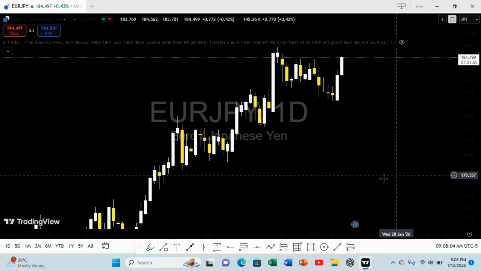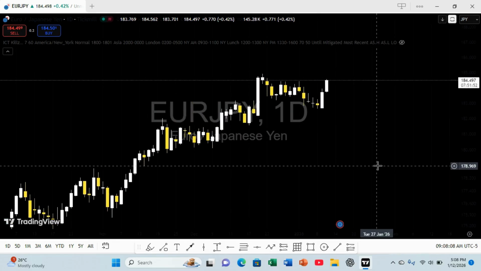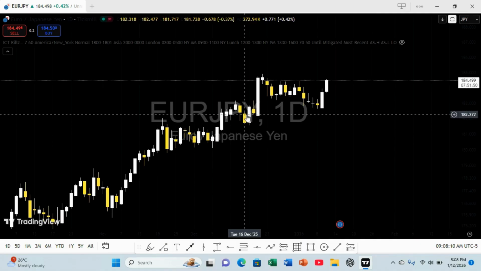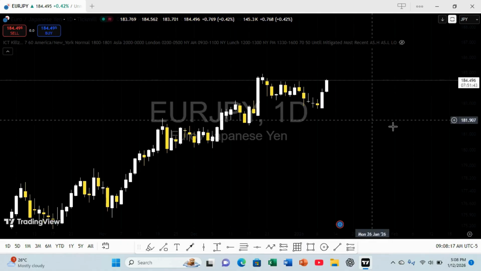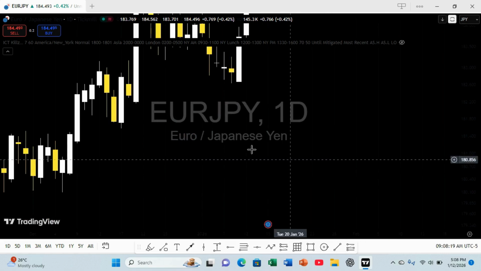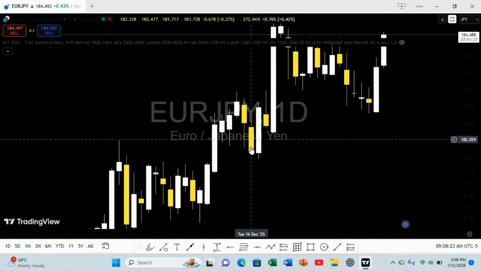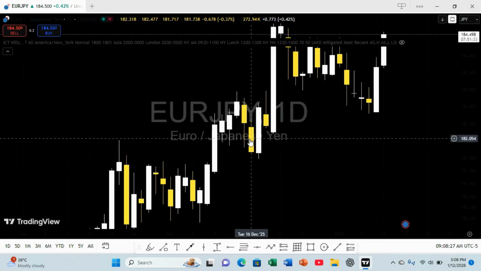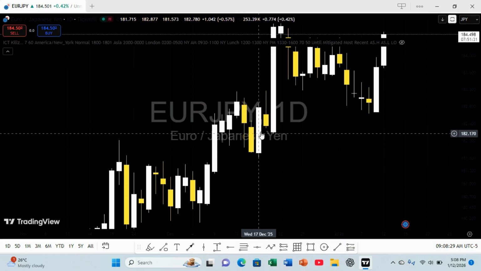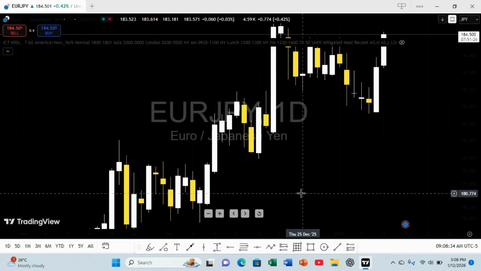So when you analyze this chart again, the last down closed candles, these yellow candles, represent bears. When you look at this bear candle here, in simple terms it is called an order block.